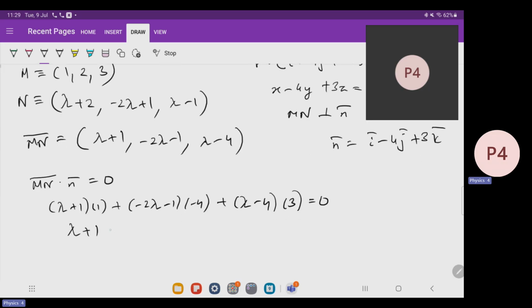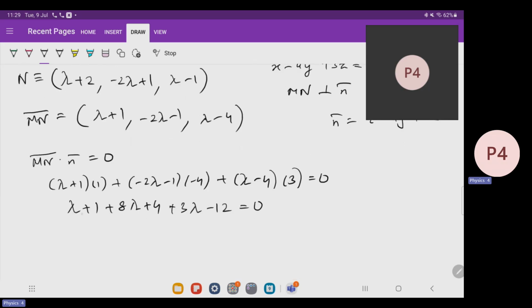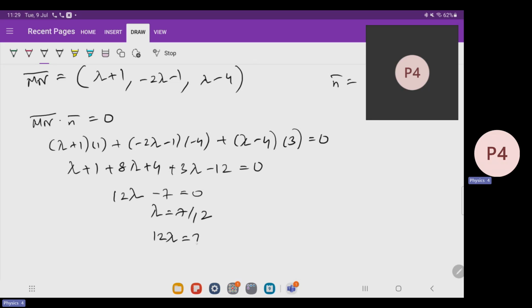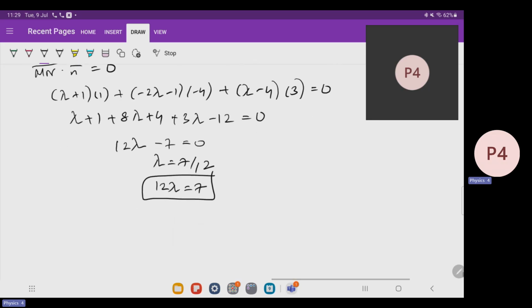This is lambda plus 1 plus 8 lambda plus 4 plus 3 lambda minus 12 equal to 0. So this is 12 lambda, 5 minus 12 is minus 7. So 12 lambda will be equal to 7, lambda is 7 by 12. This is question number 50.